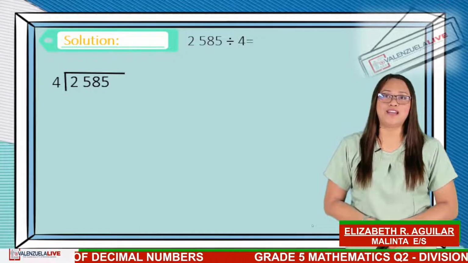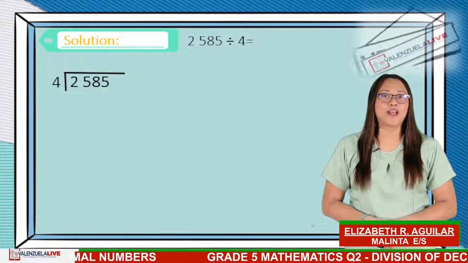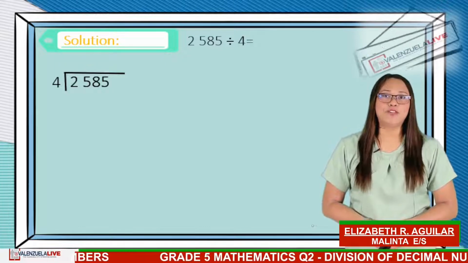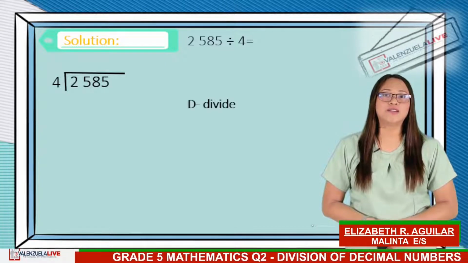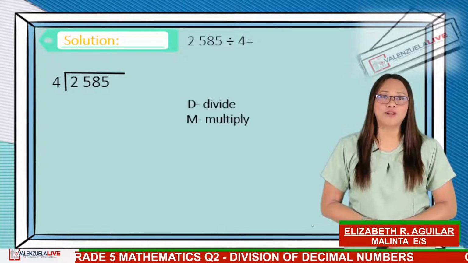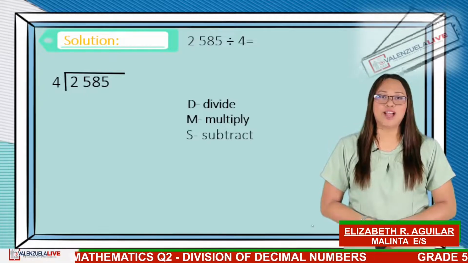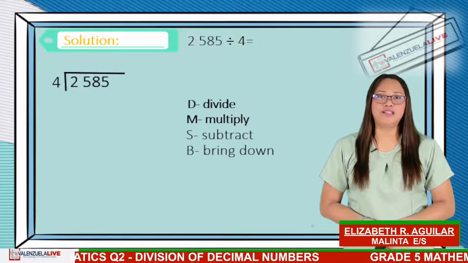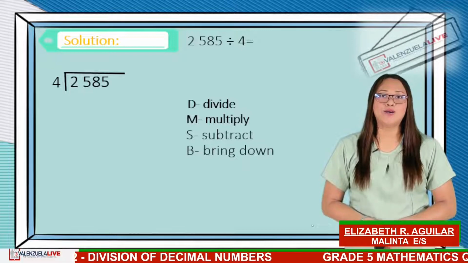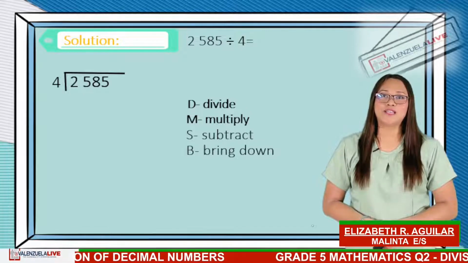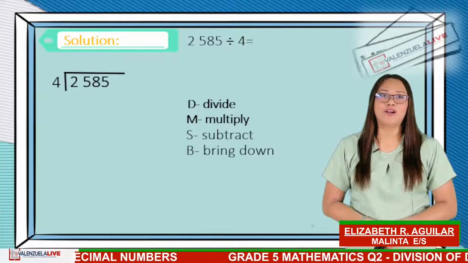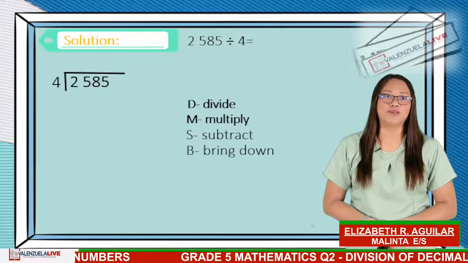Okay, so we are going to follow the process: divide first, multiply, subtract, and bring down. So let's start. Since we cannot divide 2 by 4, we are going to use the digit 5 also.